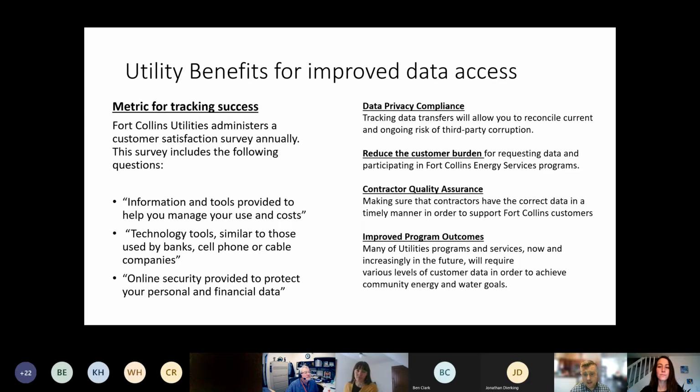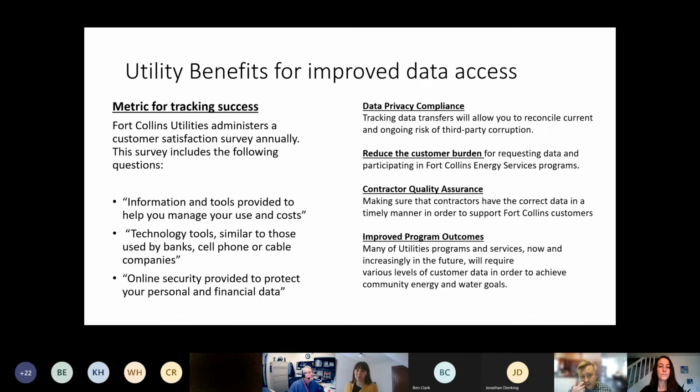Contractor quality assurance and working with our trade ally groups, we want our contractors to be empowered to support our programs as best we can. And so we want our contractors to be out there hitting the ground, getting as many bids as they can, promoting our rebates as much as they can. And so how can we remove those barriers for those third parties? And hopefully having improved program outcomes.